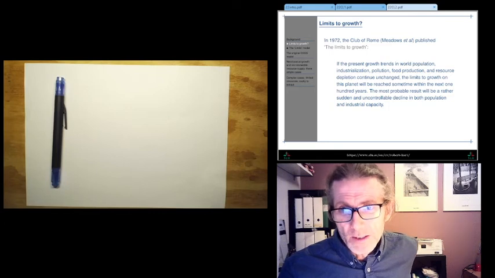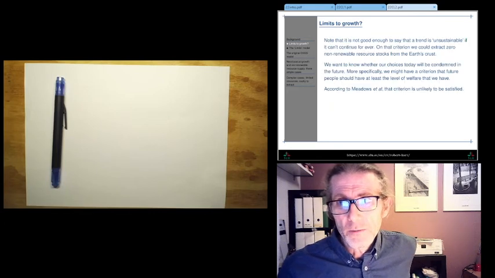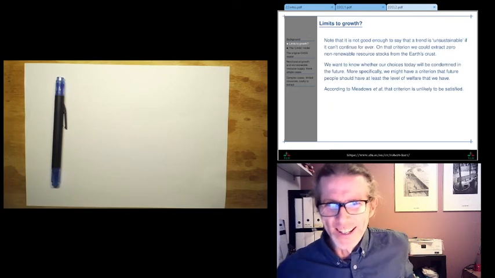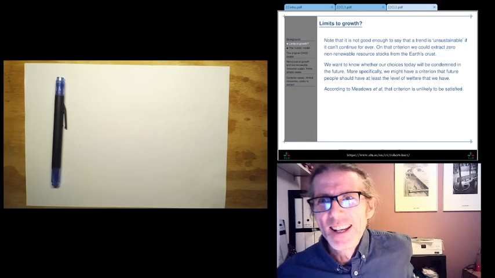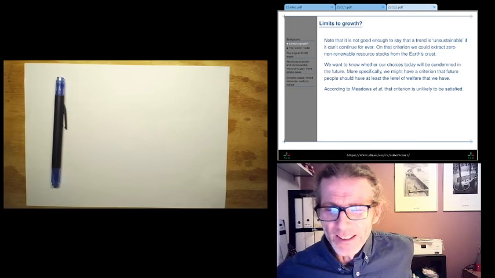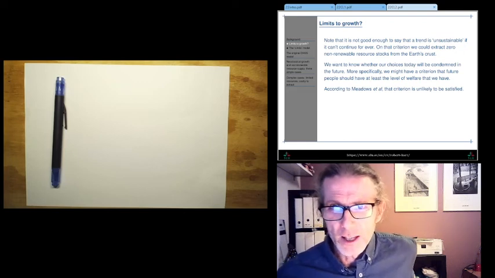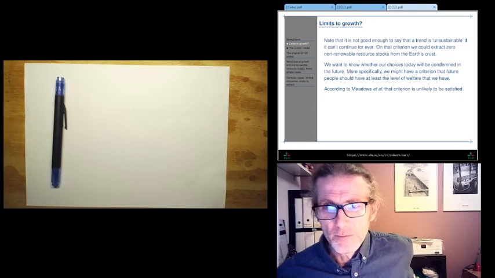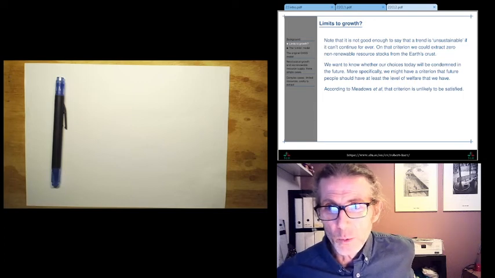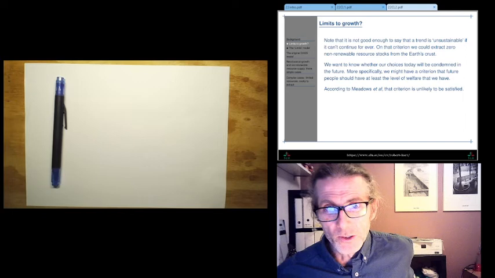On what basis did they draw this conclusion? Well, sorry, I've forgotten the order of my own slides. Before we go on to that, of course, it's not good enough to say that a trend is unsustainable if it can't continue forever. On that basis, we couldn't extract non-renewable resources at all, right?